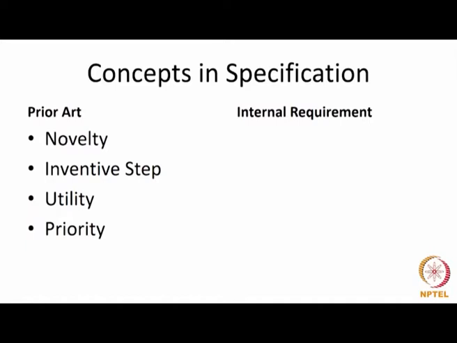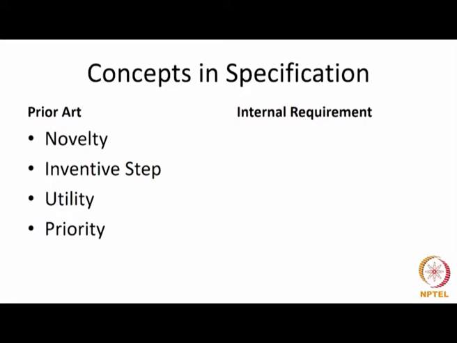Priority. Claims, when they are filed, for them to be valid, should have a valid priority. Valid priority in the sense that there should not be any prior disclosure before the point at which the claim was drafted. So every claim has a priority. We will see that in section 11, that each claim will have a priority, and the priority of a claim can either be referred back to an earlier document, or priority can also be given up, and claims can be post dated, antedating and post dating.